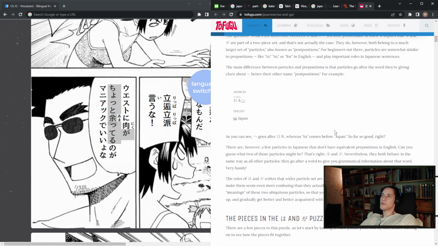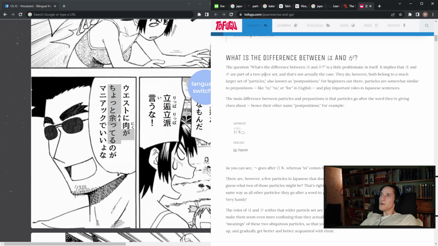Okay, I want something short. The question, what is the difference between wa and ga, is a little problematic in itself. It implies that wa and ga are part of a two-piece set, and that's not actually the case.